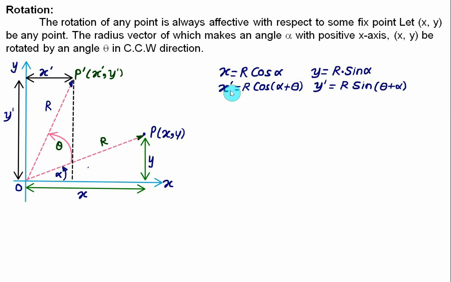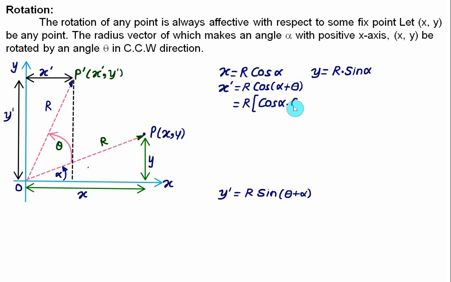Now just expand this equation and we can develop the equation between x, x prime, theta and alpha. Expansion of cos of alpha plus theta: we have r into cos of alpha plus theta, which equals cos of alpha into cos of theta minus sine of alpha into sine of theta.